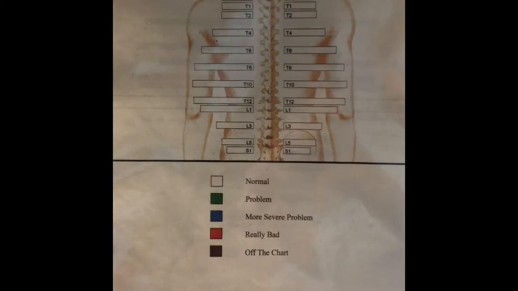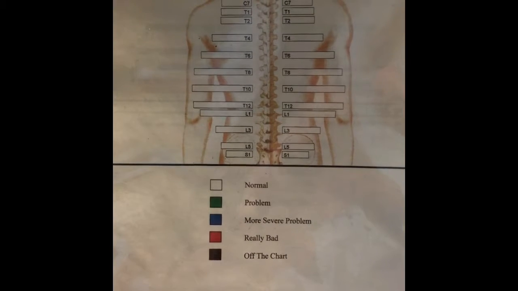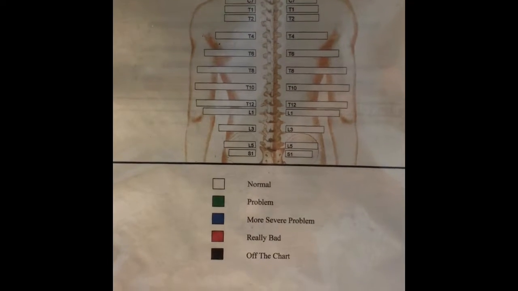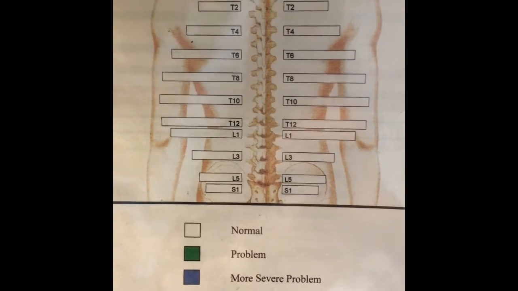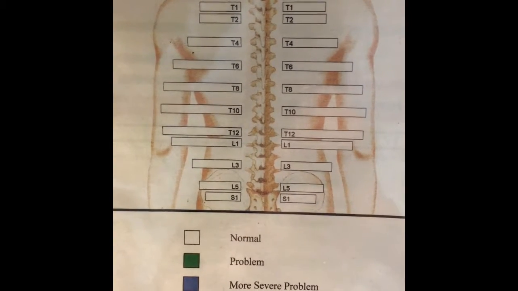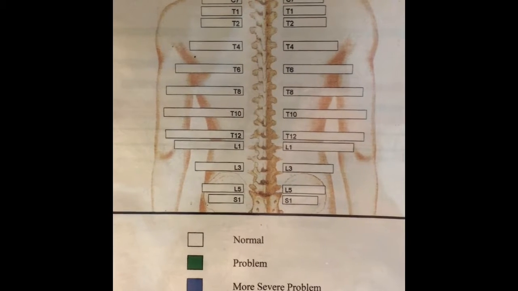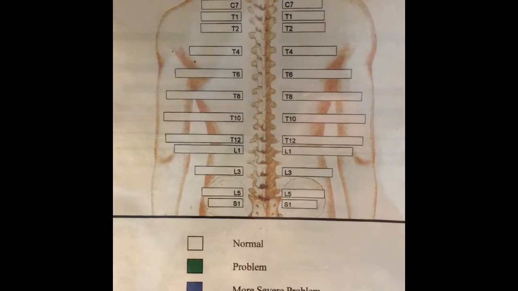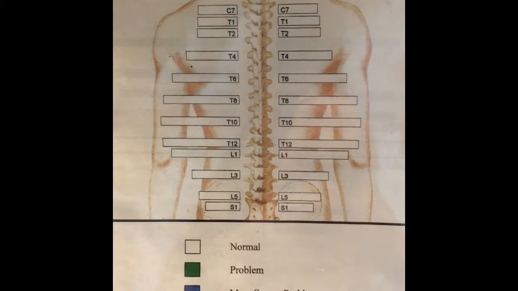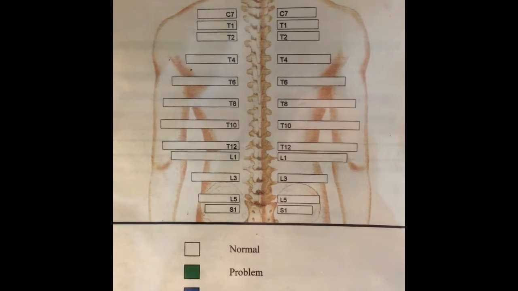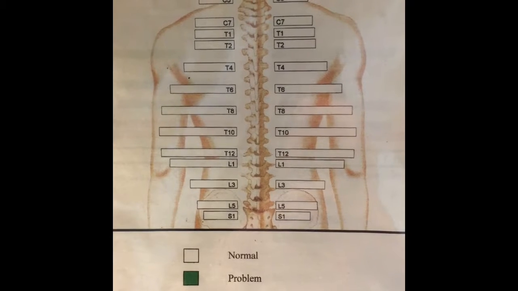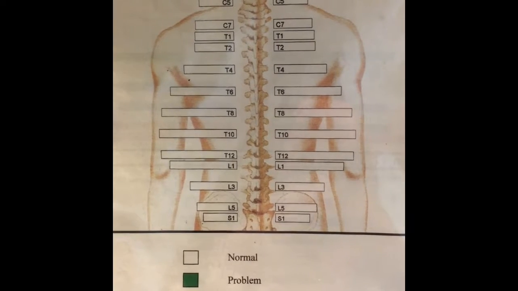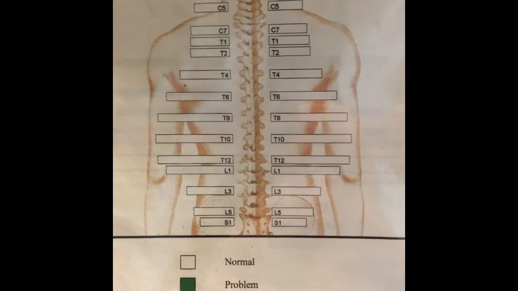So when we do the testing, what we're trying to do is to measure the function of the nervous system as the patient comes into the office. The reason that we do this is because chiropractic is all about restoring nerves. If you think about it, every process in your body happens through the nervous system.